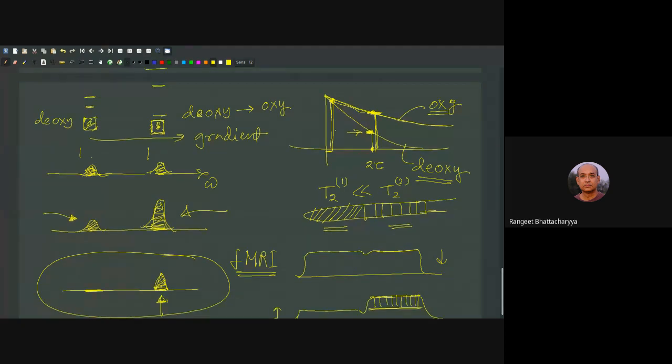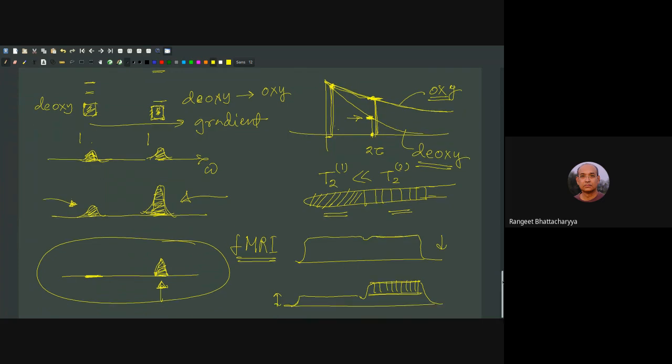The coherences, the magnetization, did not have time to decay. So oxygenated and deoxygenated both give you a similar response. So we record an image with very small delay, and you get a nicely balanced picture, with plenty of signal from each place.